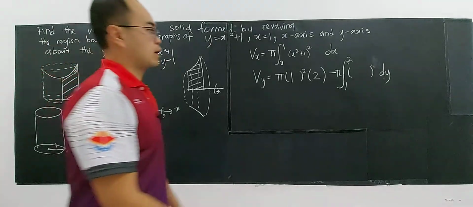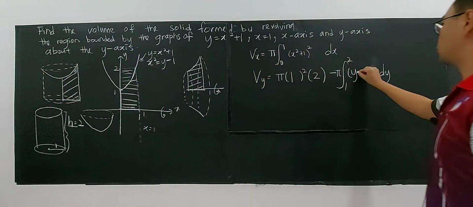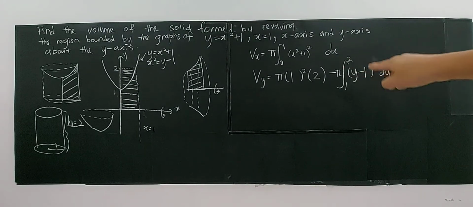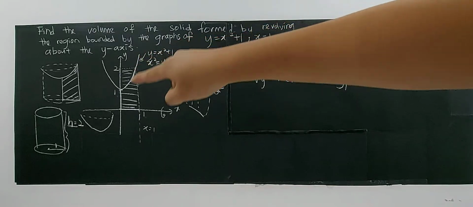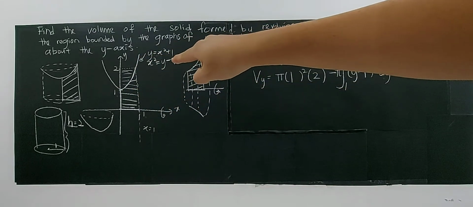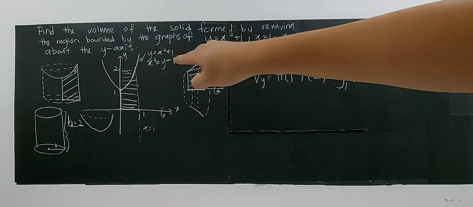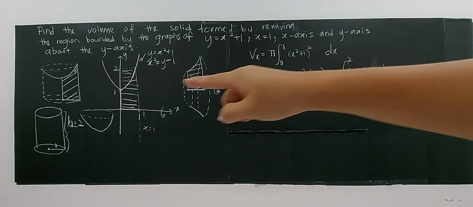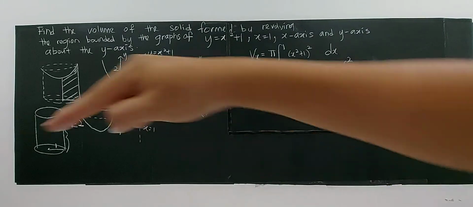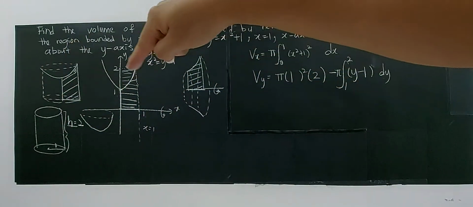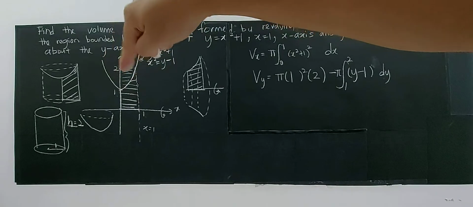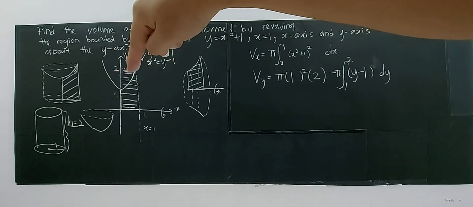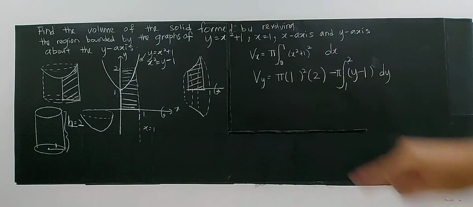So as you see, the curve written in terms of y gives x squared equals y minus 1, and I just put y minus 1 inside here. Then I take the volume of the cylinder minus away this part, the volume formed by this quadratic. Then I will get the solid I want.